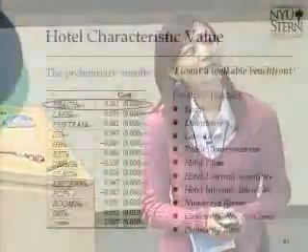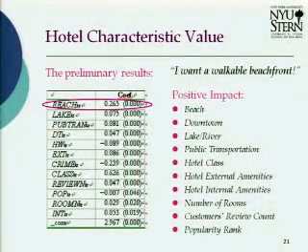Here are all the characteristics which bring positive impacts on hotel price: near beach, near downtown, near lake and river, near public transportation, and also hotel class, hotel external amenities, internal amenities, and the total number of rooms, customers' review count, and popularity rank. And here's what we can learn from the economic value of hotel characteristics.